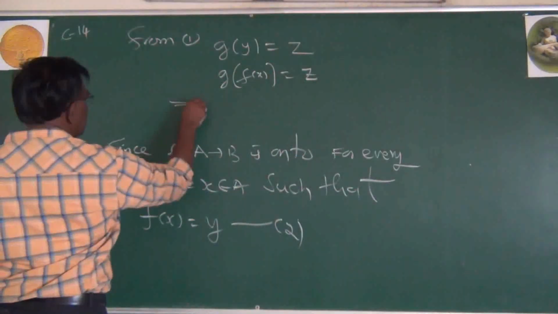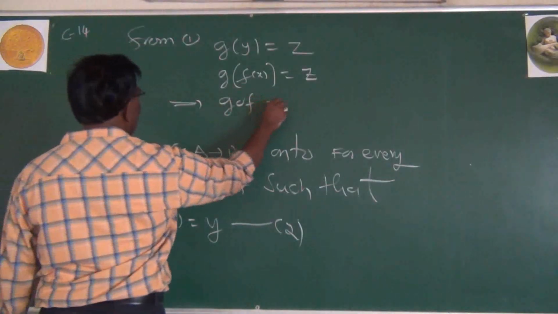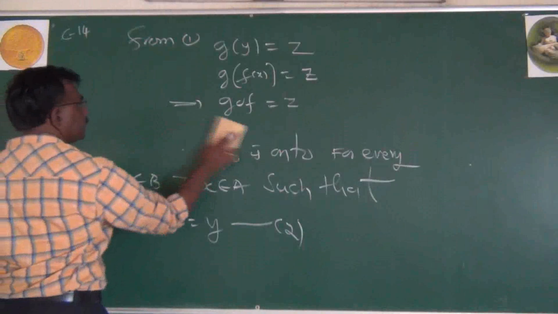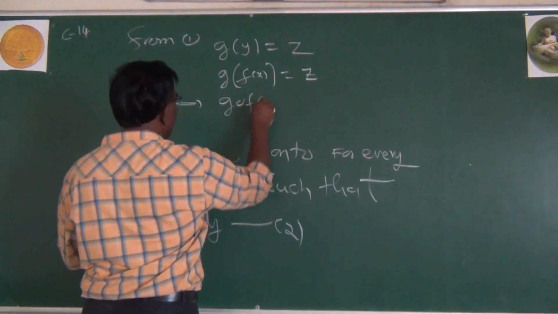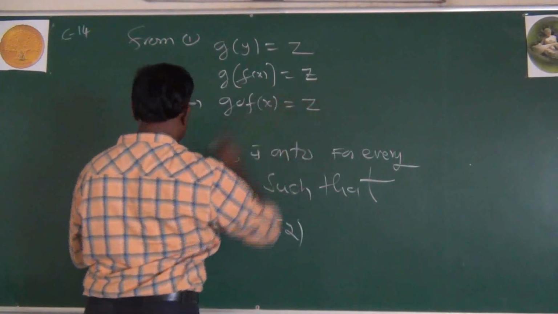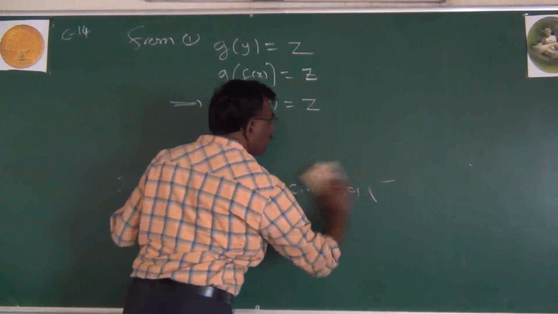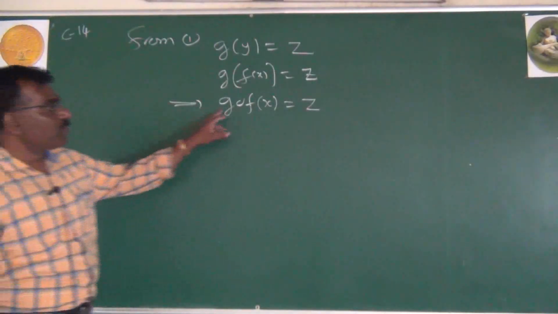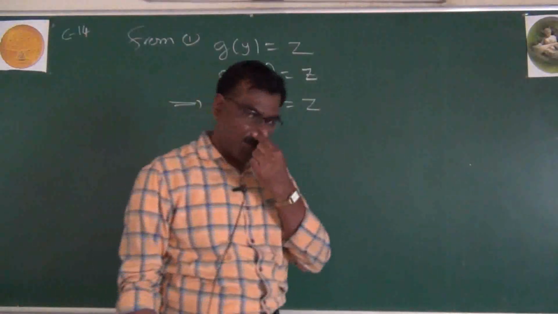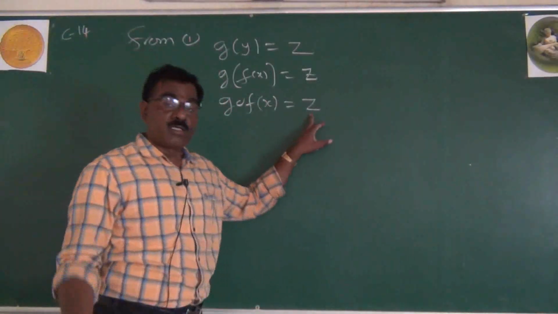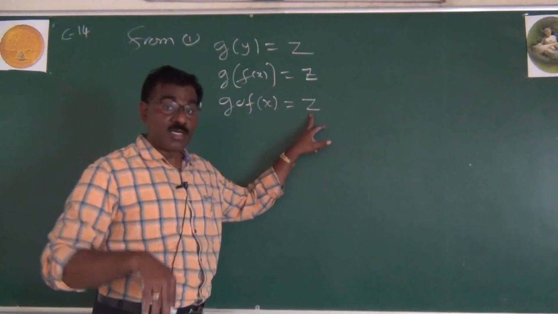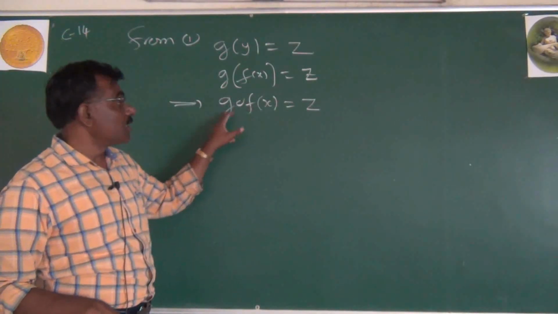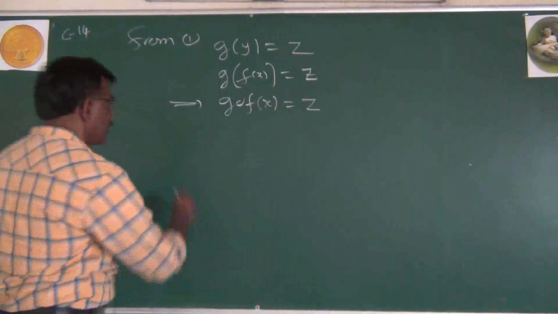You know what this is? g composition f of x equals z. What is the meaning? g composition f of x is z. For every z belongs to C, there exists a pre-image under g composition f. Okay?